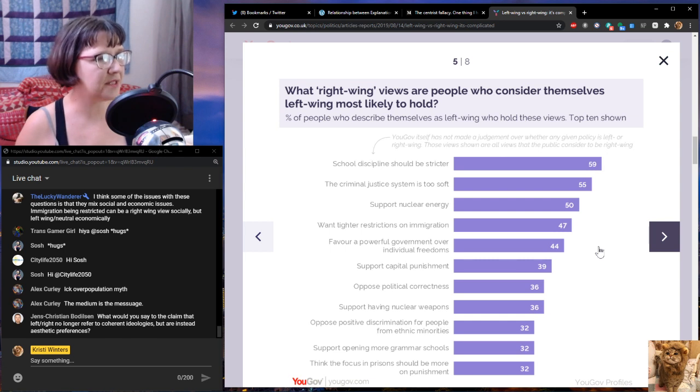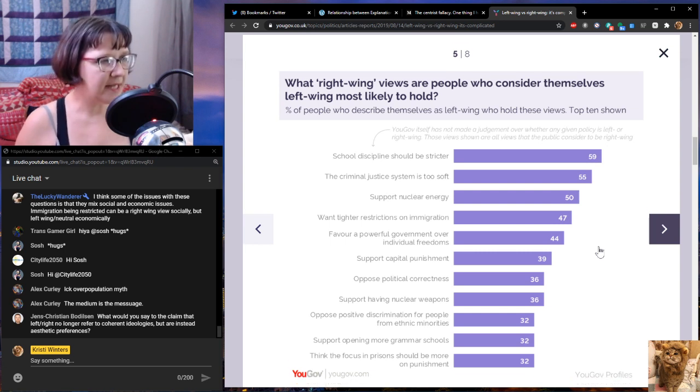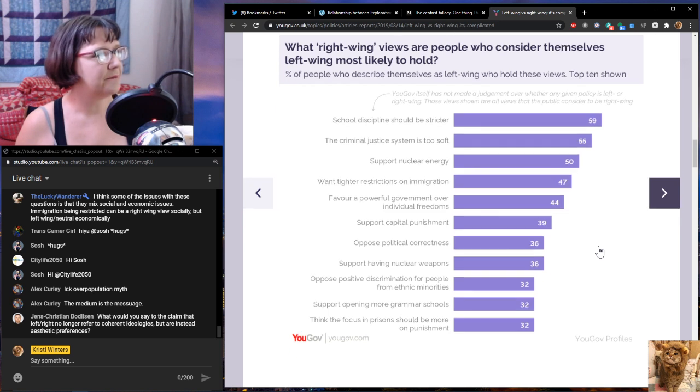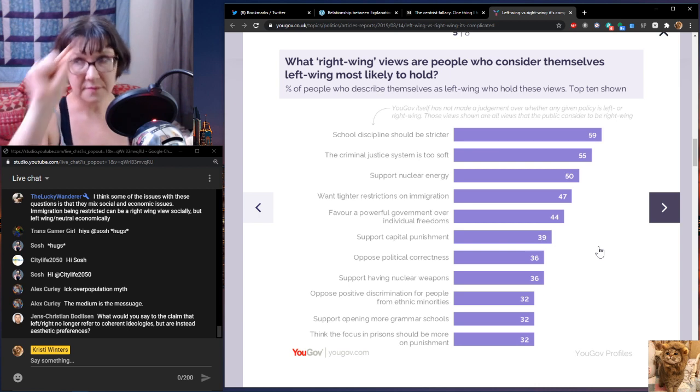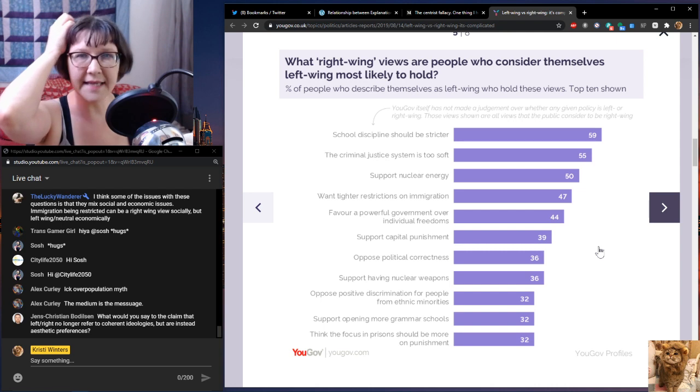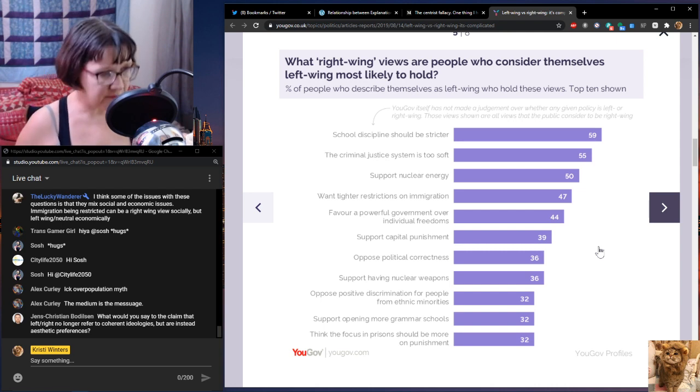Supporting capital punishment, opposing political correctness, supporting having nuclear weapons, opposing positive discrimination, that's what they call affirmative action, for people from ethnic minorities, support opening more grammar schools, and think the focus on prisons should be more on punishment. So yes, that's what we'd say are right-wing views on an authoritarian-libertarian scale, as well as less on economics.